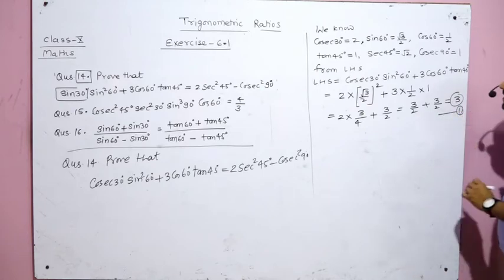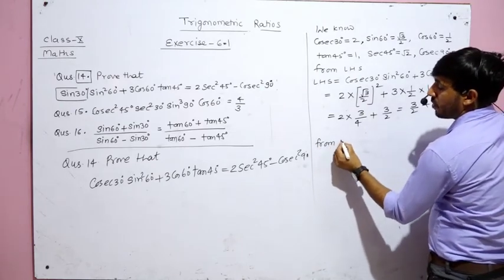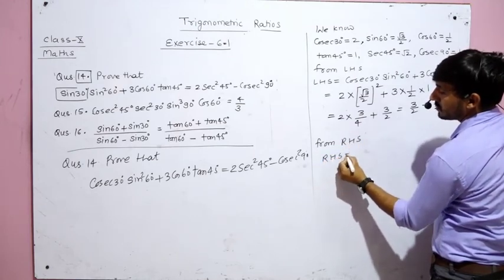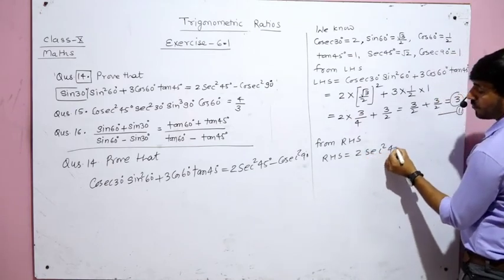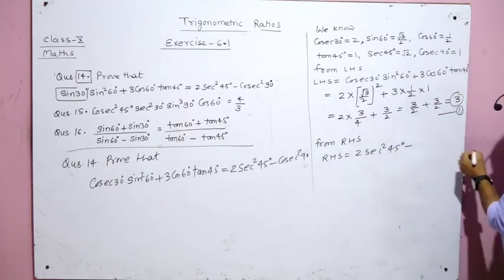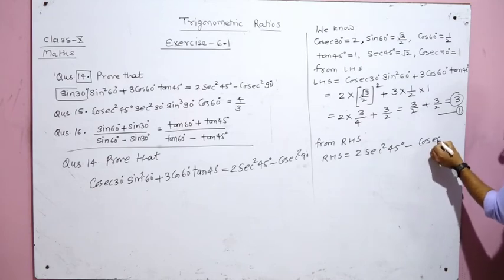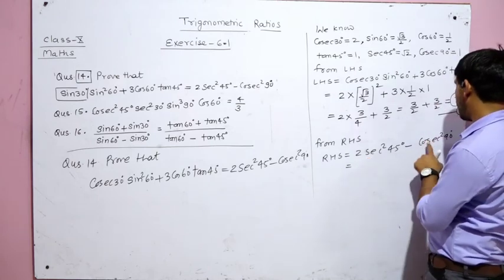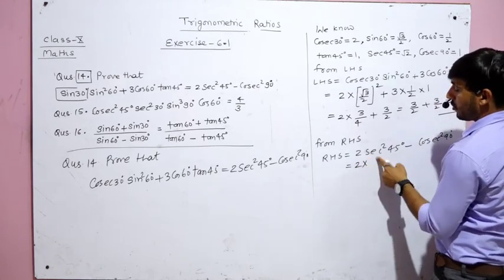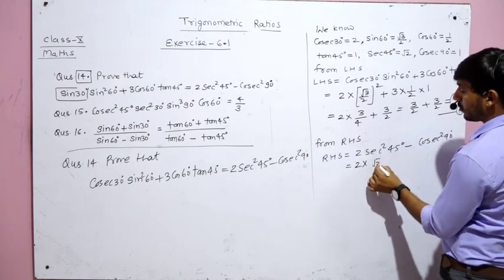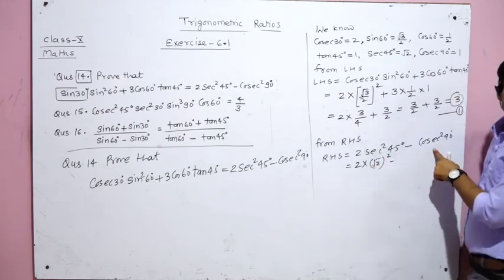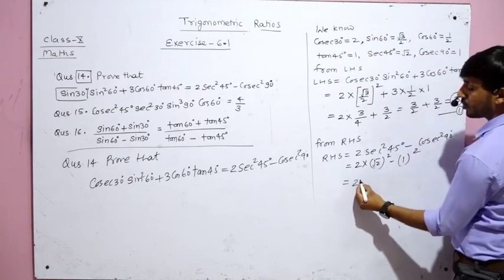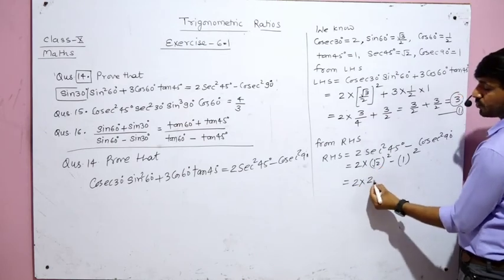This is equation number 1. Again from RHS: RHS is given as 2 sec square 45 degree minus cosec square 90 degree. Substituting the values, sec 45 degree is root 2, squared, minus the value of cosec 90, that is 1, squared. So 2 into the square of root 2, that is 2, minus 1.